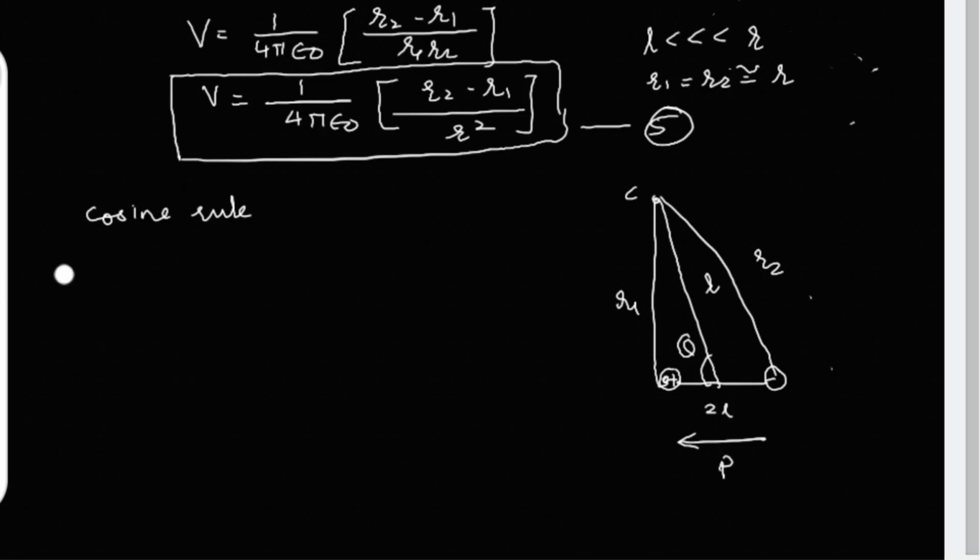So R1 square is equal to. Okay, you have to remember that if the angle is acute, then the sign will be negative. So here this is R. Okay, this line is R. So R, and what is this line? This much distance is L.